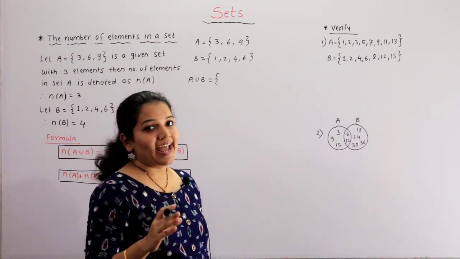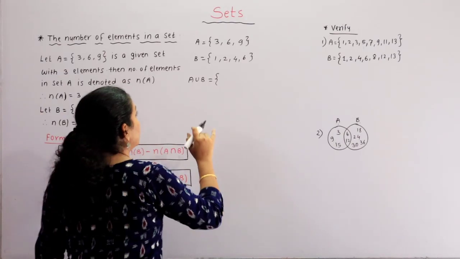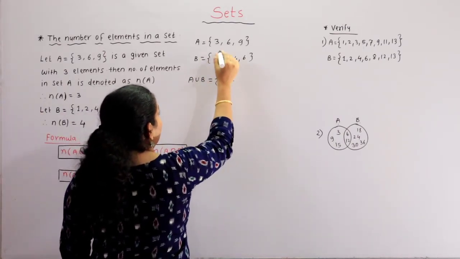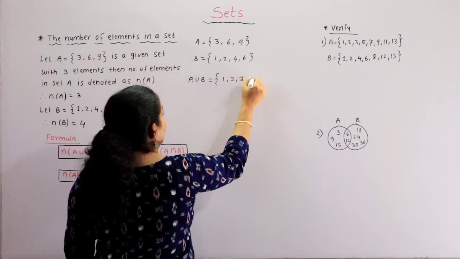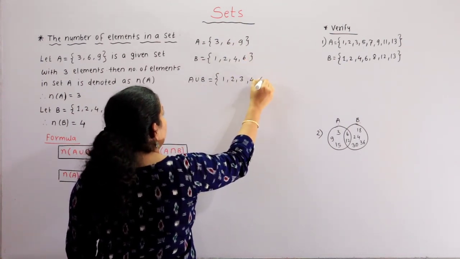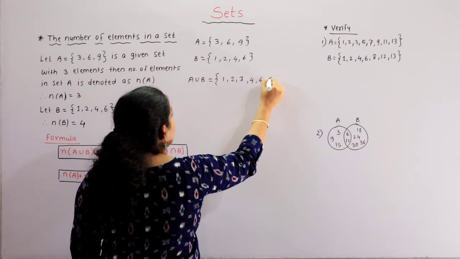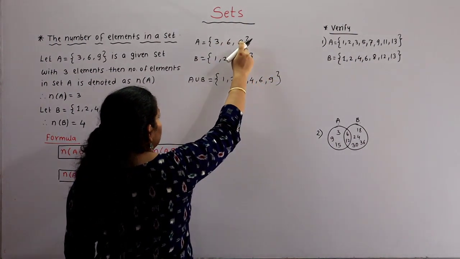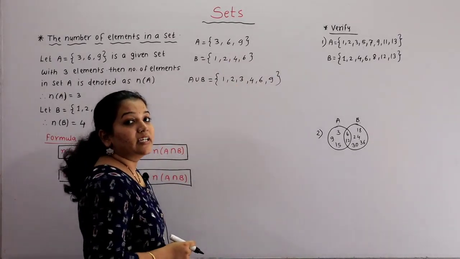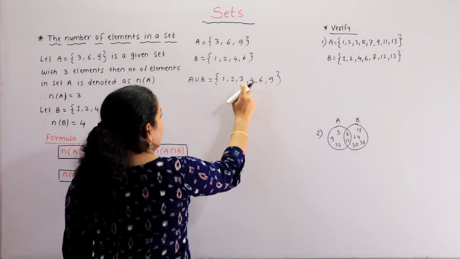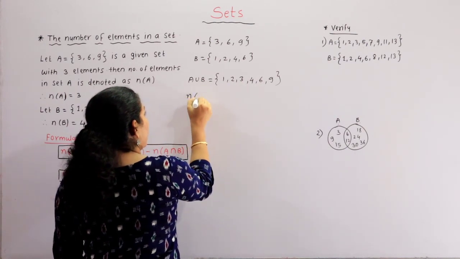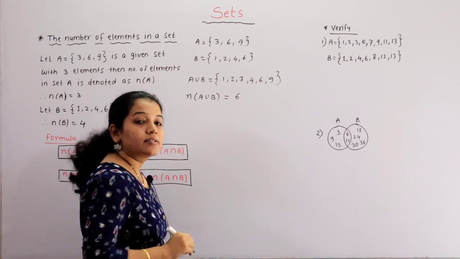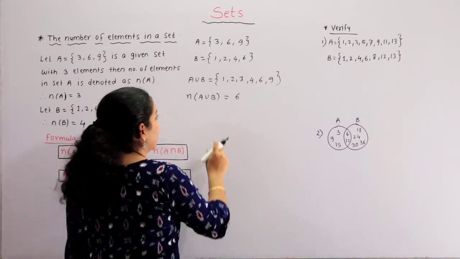Elements from set A as well as from set B. So write first 1, 2, 3, 4, 6 is common, so write it only one time, then 9. 1, 2, 3, 4, 6, 9. So how many elements are there in A union B? 1, 2, 3, 4, 5, 6. So n of A union B is how much? 6. How much count came for union?